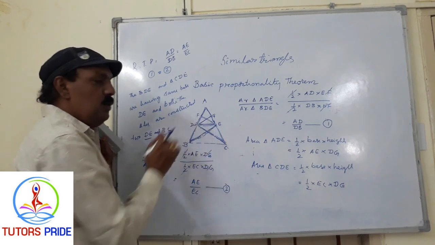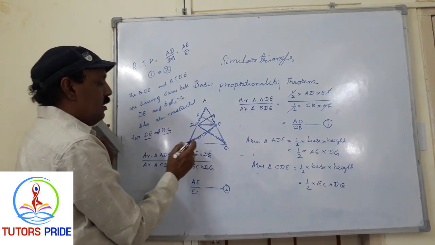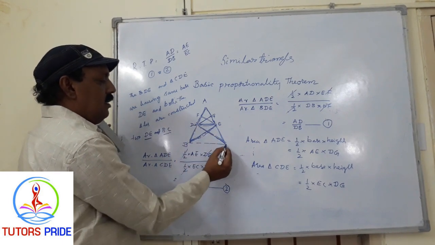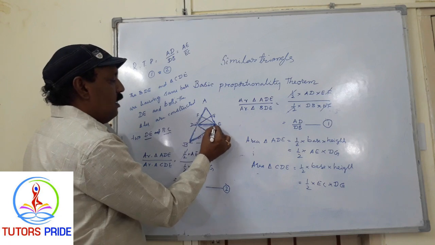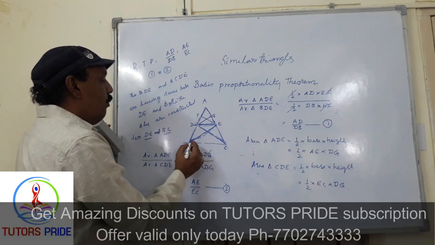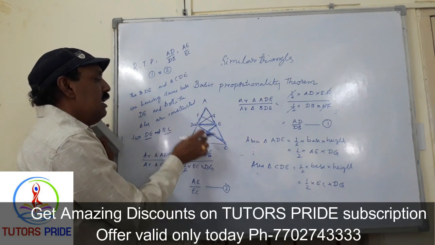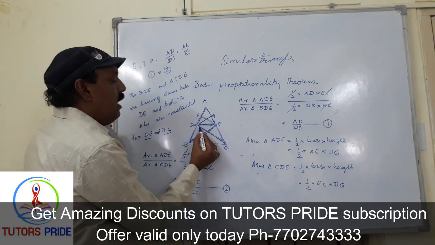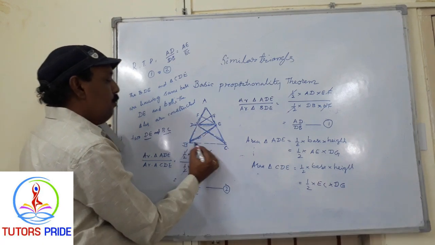So the triangle BDE and the triangle CDE are both constructed on the same base and lie between the parallels DE and BC.